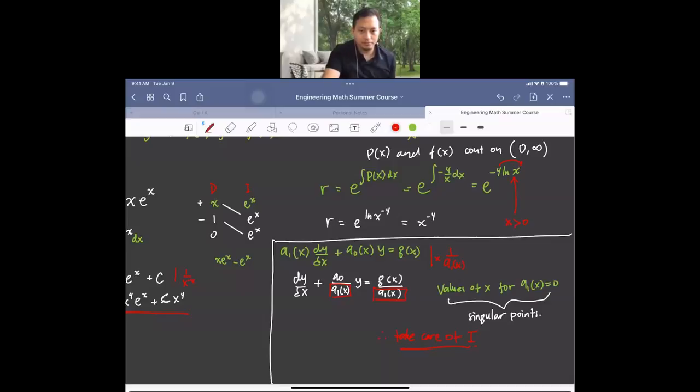Okay, another example that's particularly related to the singular points.